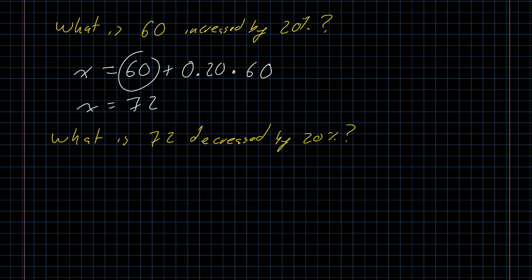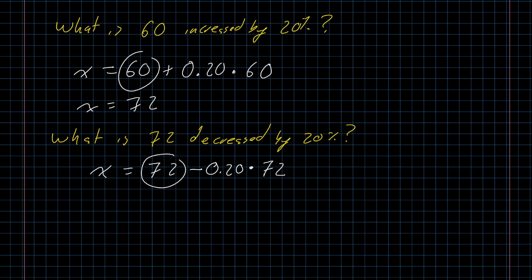Well, what if we start at 72 and try to decrease by 20%? Well, our setup is still mostly the same. X equals 72. Decreased by means subtract. 20% is still 0.20. It's still got to be a percent of something. And the thing we're decreasing is 72. So we just repeat the 72 right there.